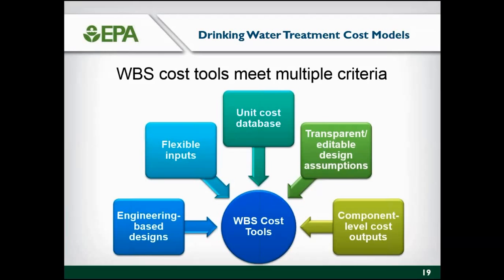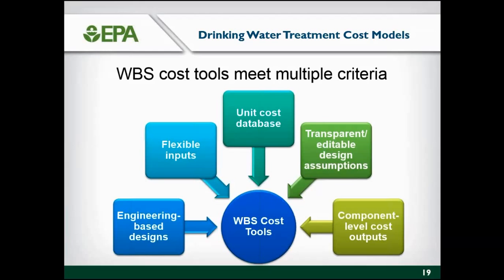Now, 20% of those parts generally account for 80% of the cost of a system. So those 20% of the parts are reviewed every year in the WBS cost models and updated every year, so the costs are up to date.